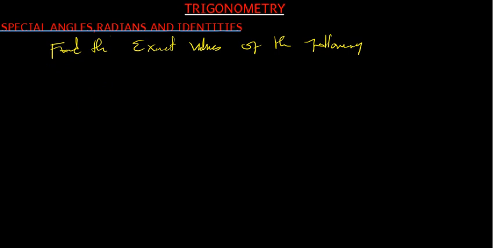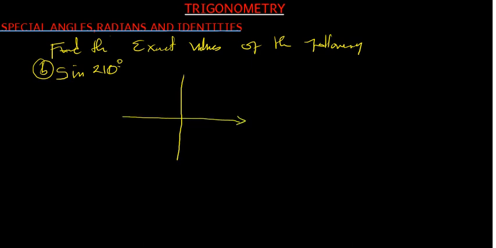So that was direct. What if they've given us to find the value of, let's say, sin 210 degrees? Okay, what will be the exact value for sin 210 degrees? The first thing we need to understand is in which quadrant this angle falls.